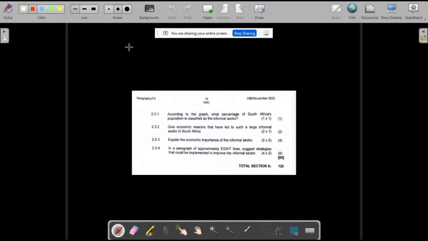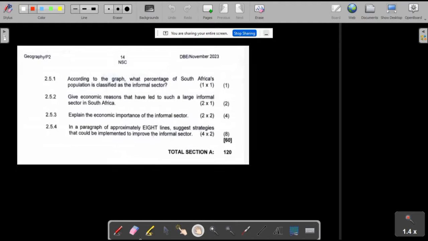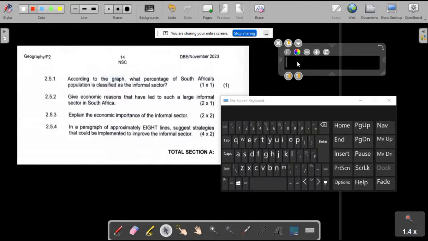Let's go to the next page. So that's 2.5.1. It says, according to the graph, what percentage of South Africa's population is classified as the informal sector? What did you say, 70 something percent?